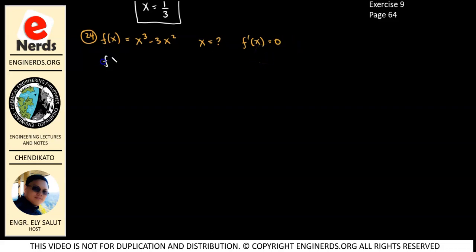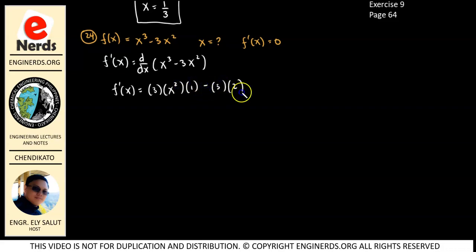So, we have f prime of x is equal to d over dx of x cubed minus 3x squared. Okay? So, f prime of x is equal to 3 times x squared times 1 minus 3 times 2 times x times 1. Therefore, f prime of x is equal to 3x squared minus 6x.